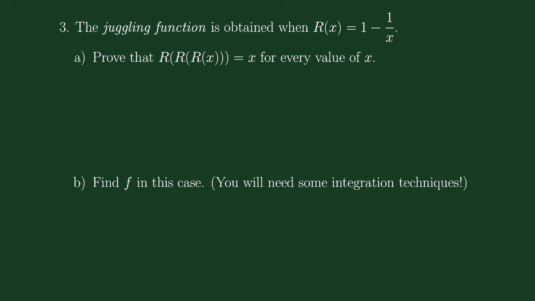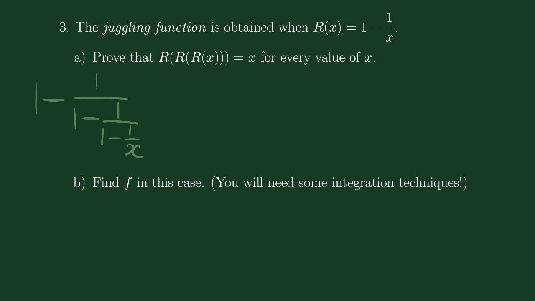So when we plug x into r of x, we get 1 minus 1 over x. And doing that twice, we get 1 minus 1 over 1 minus 1 over x. And to do it 3 times, we need to put in r again. So this is the full expression for subbing x into r 3 times.